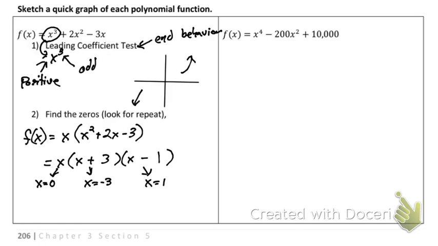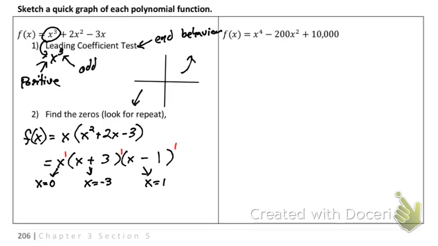But now, more importantly, I have to determine what the multiplicity of each of those is. In other words, we're looking at the powers that are above our entire quantity. Well, if we look here, it's x to the first. It is x plus 3 to the first. It is x minus 1 to the first.